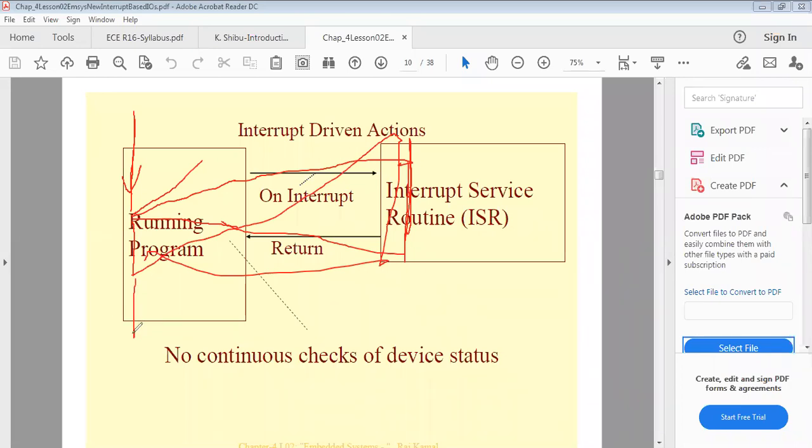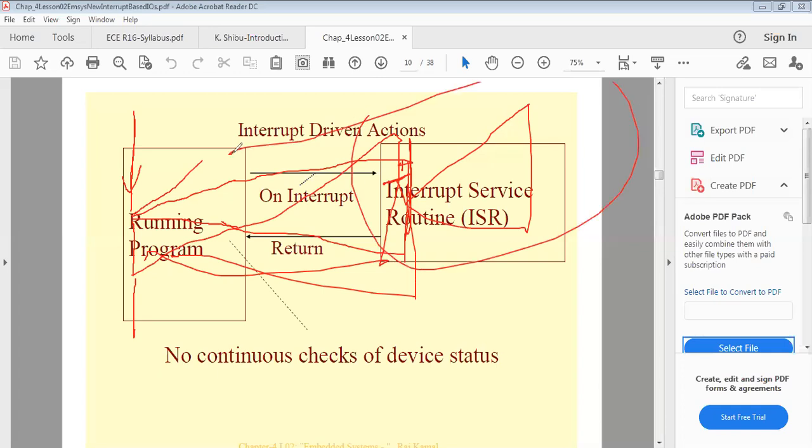This type of situation is called nested interrupts. This is the nested interrupt concept.